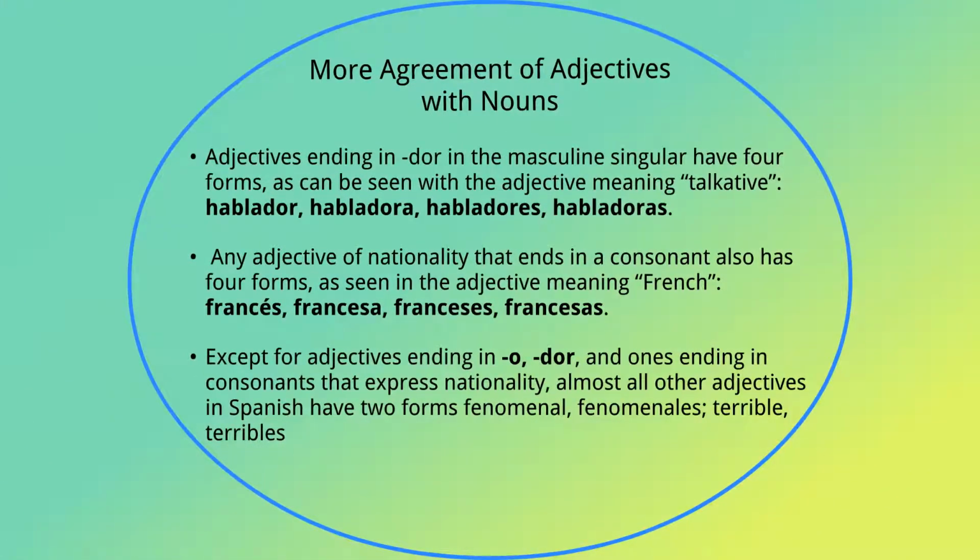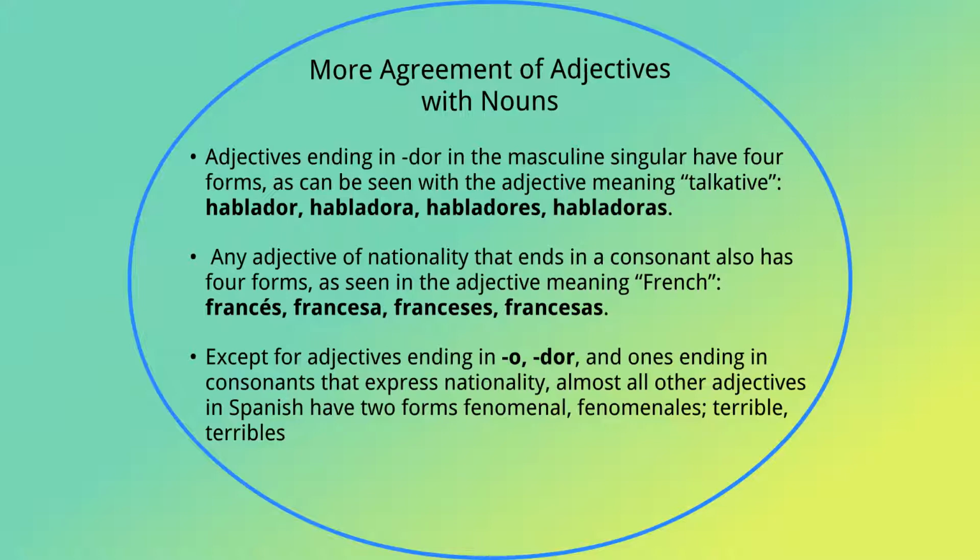More agreement of adjectives with nouns. Adjectives ending in dor in the masculine singular have four forms, as can be seen with the adjective meaning talkative: hablador, habladora, habladores, habladoras.